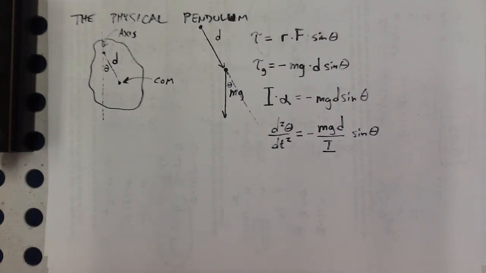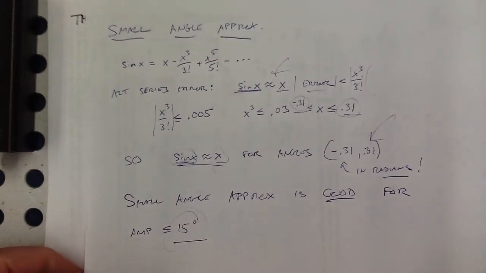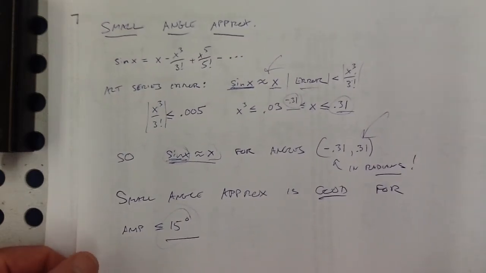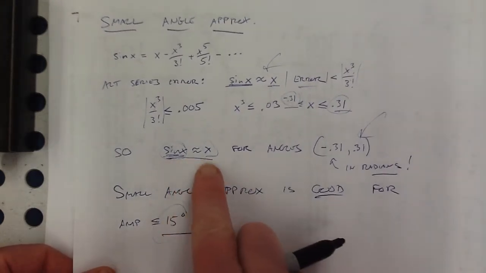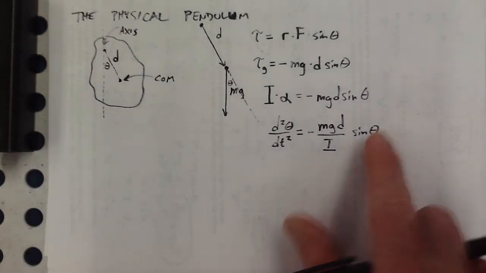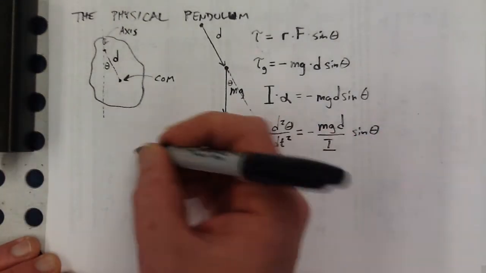And that is why the small angle approximation is important. Because as long as we stick with small angles, I can make this substitution that instead of sine x, I can just write x. So instead of sine theta, I can just write theta.